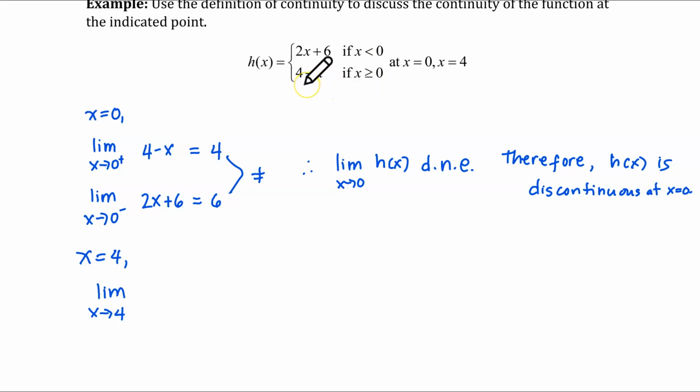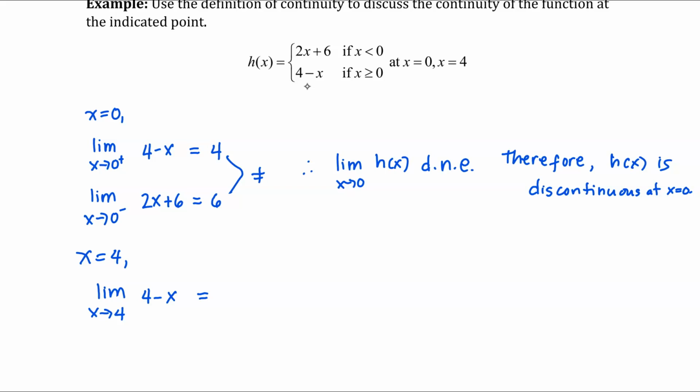So therefore, we do not need to split our limit into two sides. We'll just go ahead and find the definition of the function at x equals 4. x equals 4 is on this interval here, and therefore h is defined as 4 minus x.